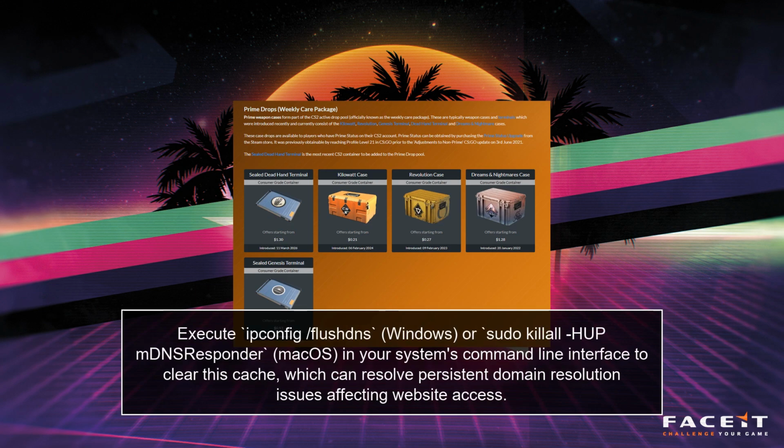Execute ipconfig /flushdns on Windows, or sudo killall -HUP mDNSResponder on macOS, in your system's command line interface to clear this cache, which can resolve persistent domain resolution issues affecting website access.